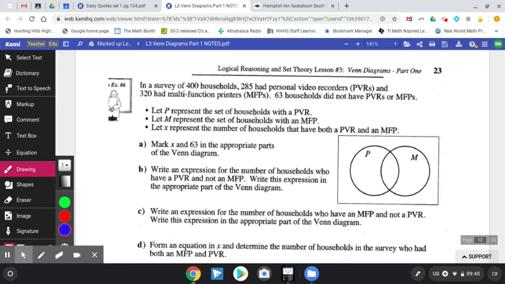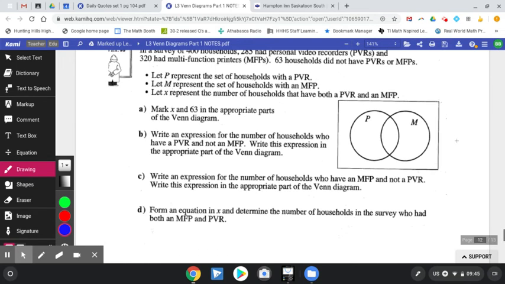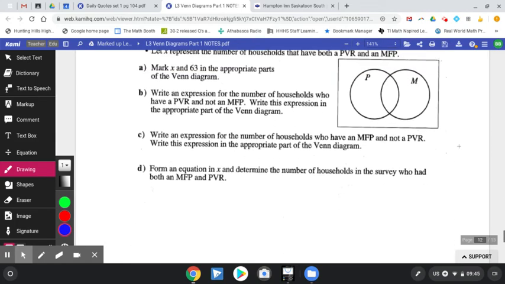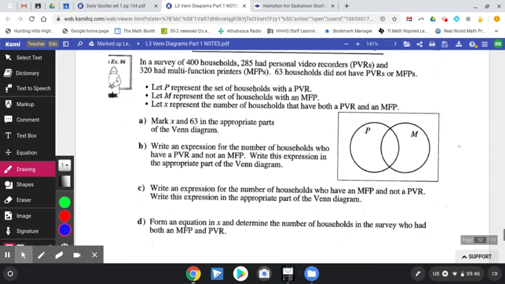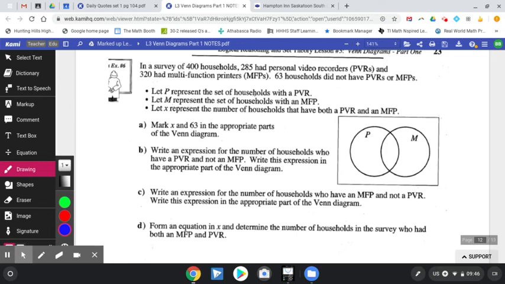So throughout this question, they actually are walking us through the steps of making the Venn diagram. So what you see here and here, here, and here.